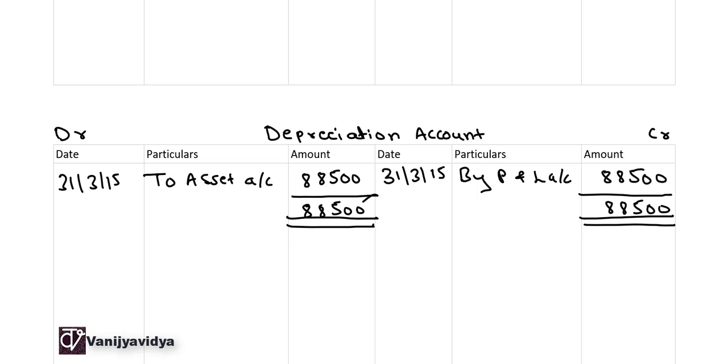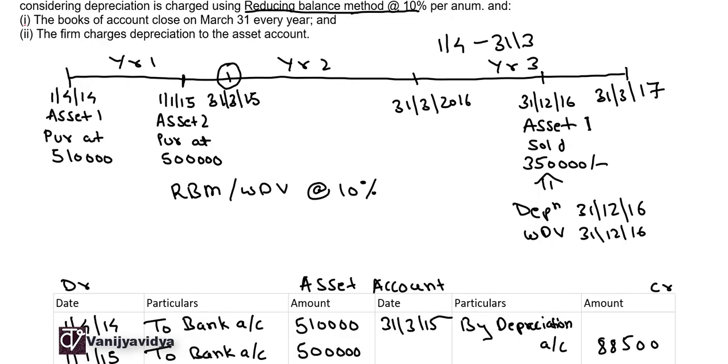Now for the next year. In year 2, that is year 15-16, there are no events of purchase or sale of assets. So as on 31st March 2016, we'll pass the entry for depreciation for the year 15-16 and we'll close the books.